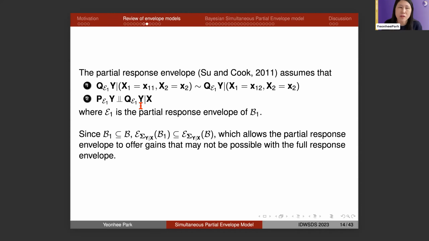Then we have the partial response envelope. We notice that this partial response envelope is contained in the full response envelope. So this will allow the partial response envelope to offer gains that may not be possible with the full response envelope.